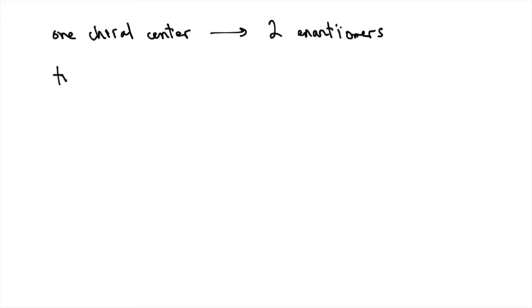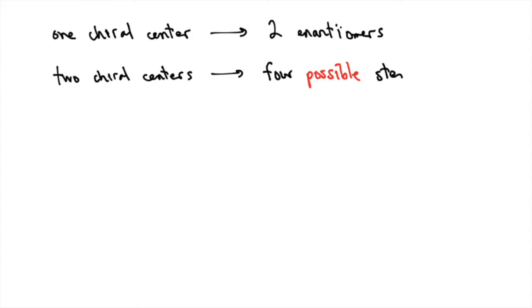If a molecule has two chiral centers, we say that there should be four possible stereoisomers. And that word possible is playing a big role here, and we'll talk about that in a second.